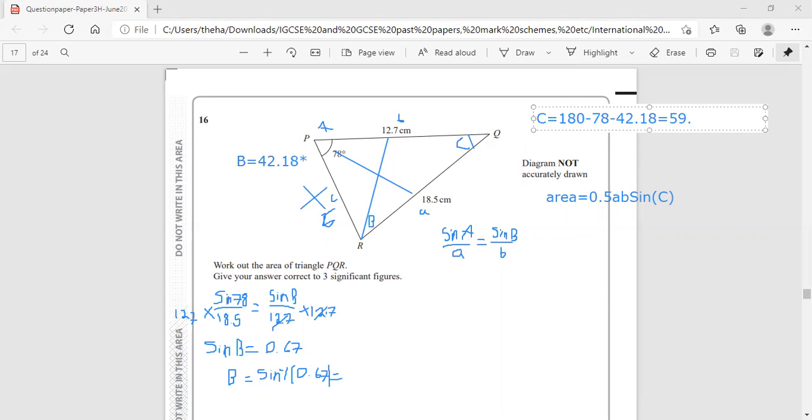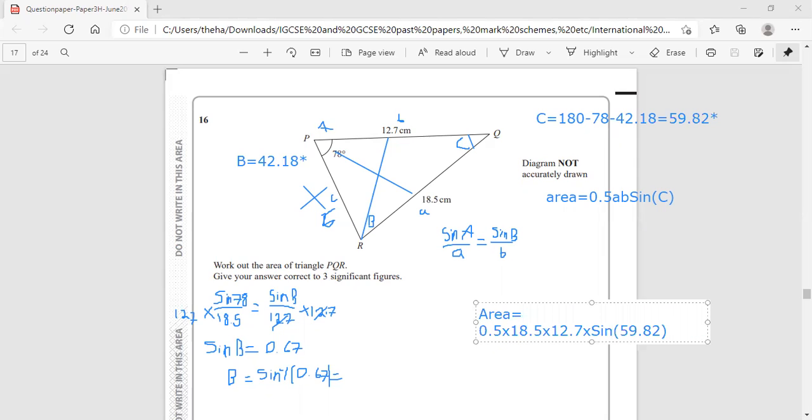So now we can use the second equation to get our final answer. So we're going to have area equals 0.5 times a, which we've established as 18.5, times b, which we've established as 12.7, times sine of C, which is 59.82.